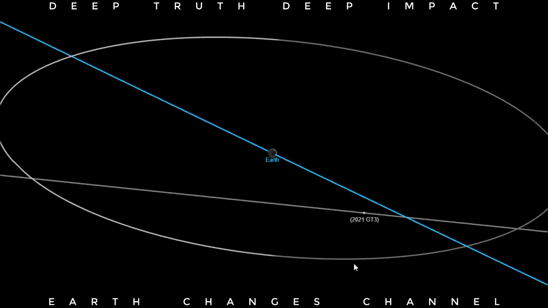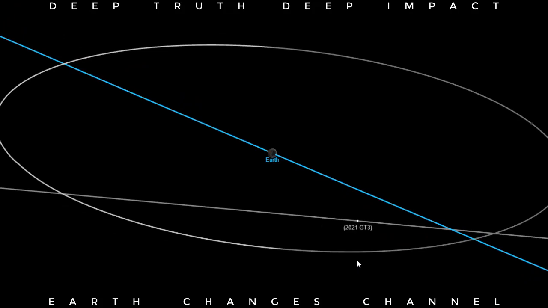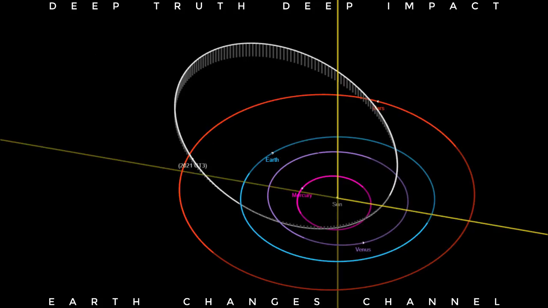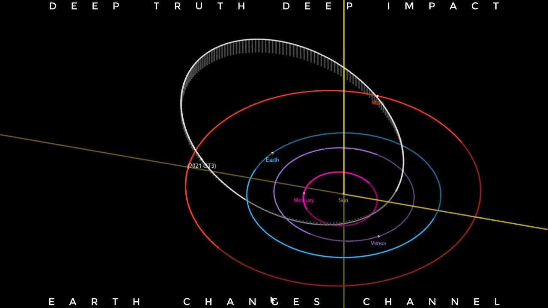It came through about that area right there, which is 0.7 lunar distance. I'm going to start the orbit diagram again, or should I say, I got it out of the orbit. So now I'm going to bring it back in.